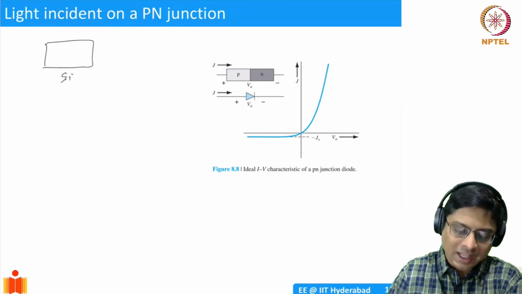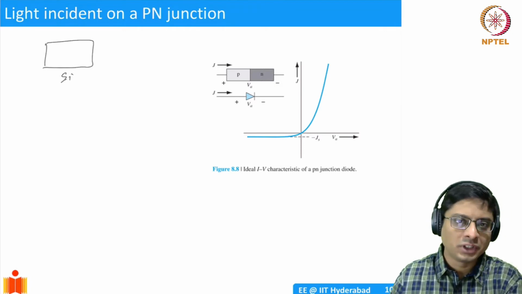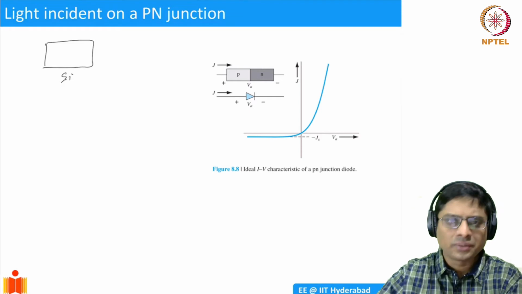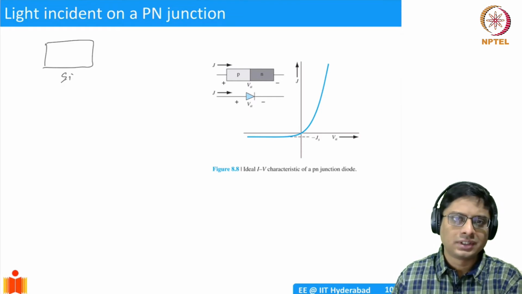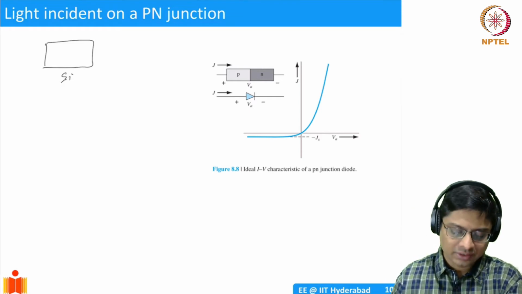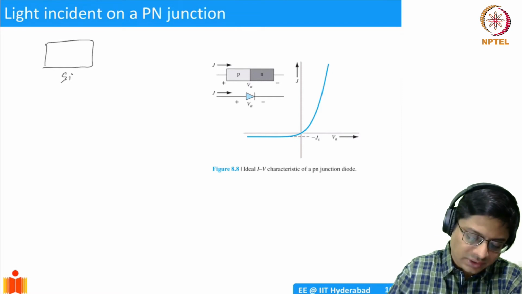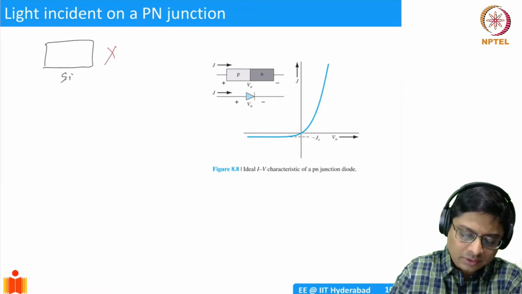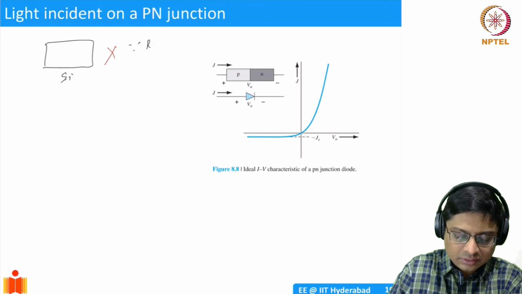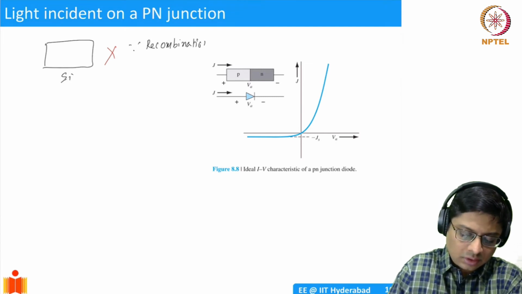On an average, let's say you assume uniform illumination, you're going to generate a uniform excess of minority carriers, but you're not going to generate current, right? So this is not suitable because of recombination. You generate electron hole pairs, or EHPs, right?